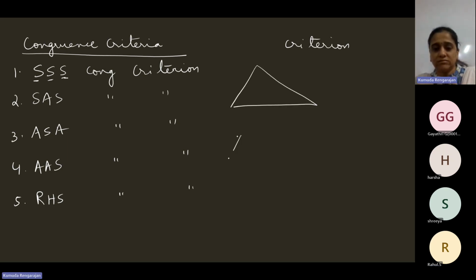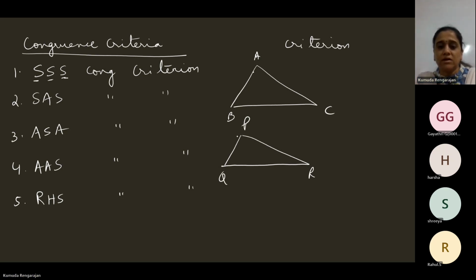See, if these are the 2 triangles, A, B, C, P, Q, R, and angles 1, 2, 3, 4, 5, 6. Suppose this side is equal to this side, this side.